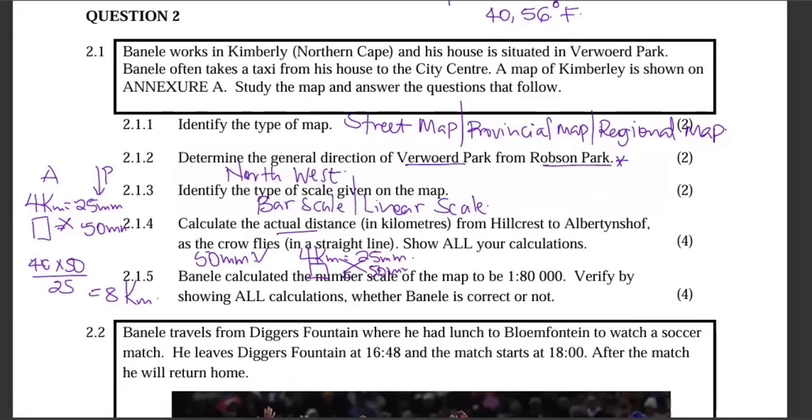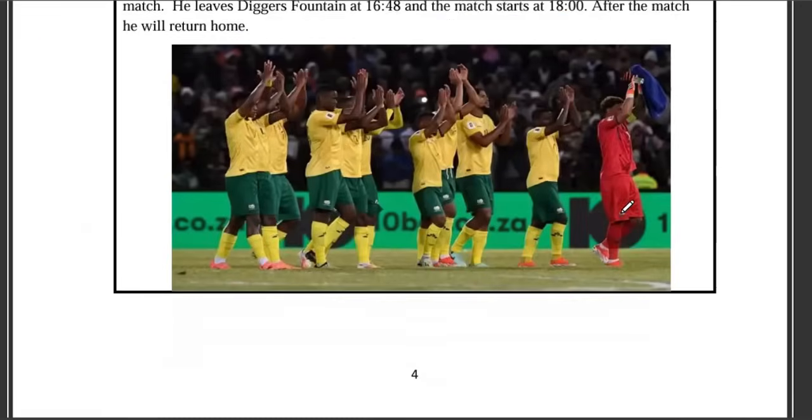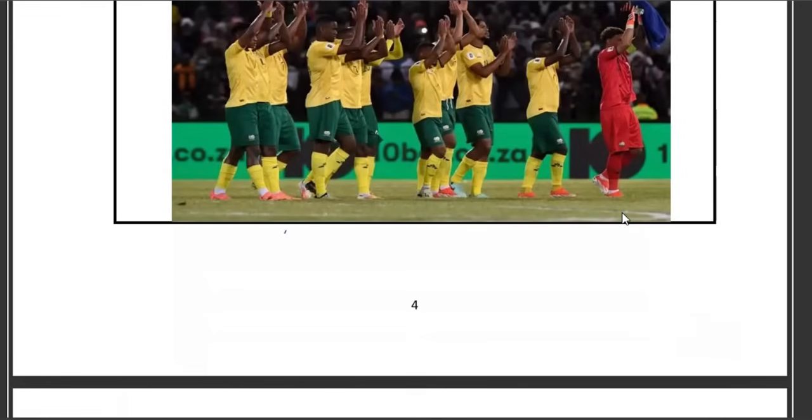Okay. Banele claimed that the number scale of the map is 1:80,000. Verify by showing it. Remember, we've already measured the scale and we saw that 25 millimeters have an equivalence of 4 kilometers.